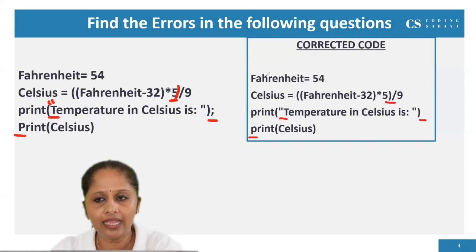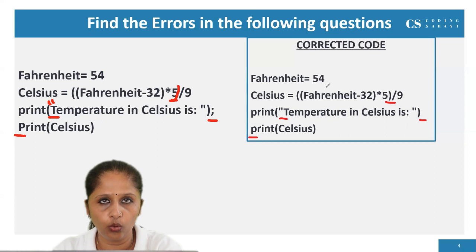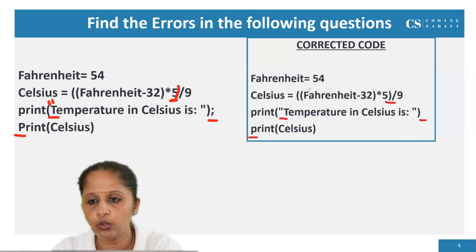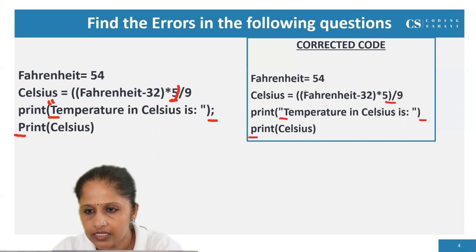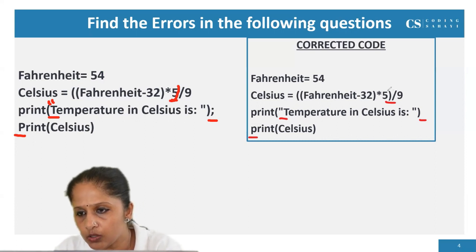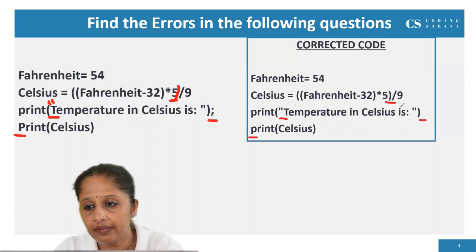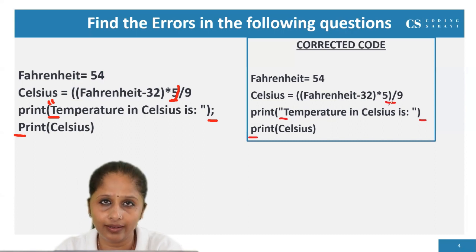So here you can see the corrected code. So Fahrenheit, no problem. Celsius is equal to Fahrenheit minus 32 into 5 and this parenthesis, this one open here and this is closed here. And the first parenthesis closed here after 5 and I have given 1 underline also.